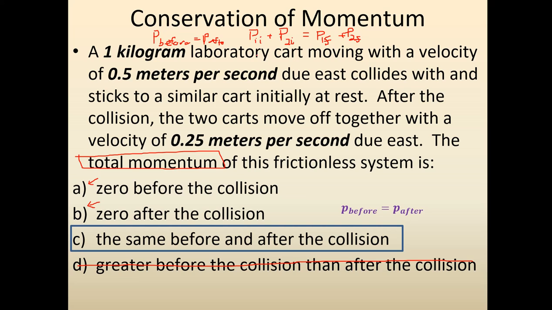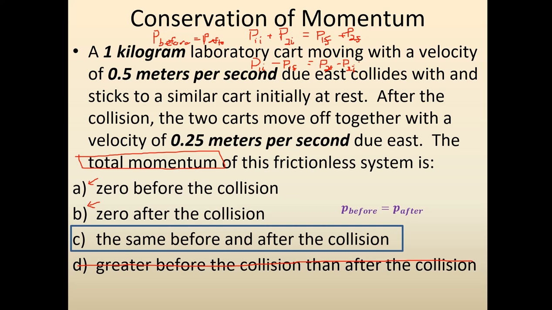If I move this around so I have momentums of object 1 together, I get P1I minus P1F, and then I have P2F minus P2I. Now I can actually rewrite this.